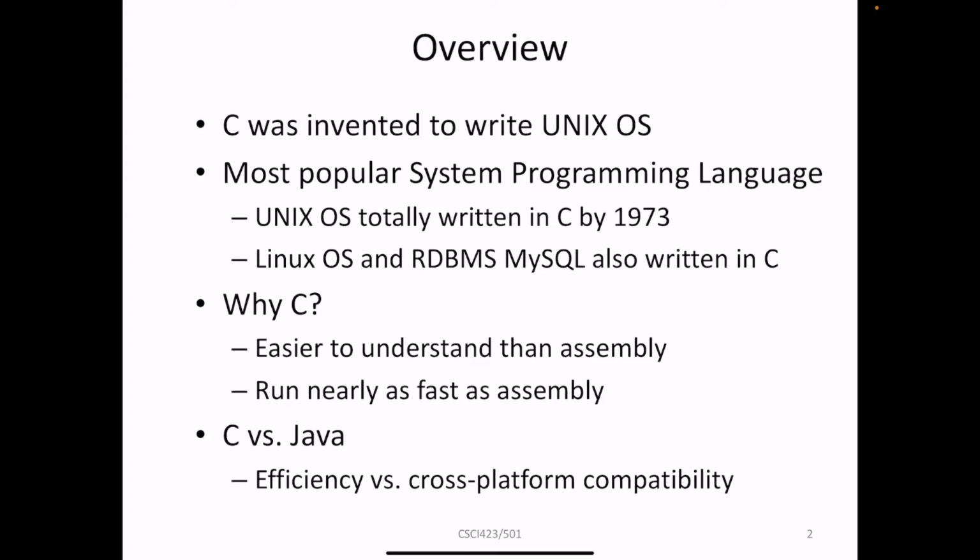It is much more convenient compared with C. Therefore, you can see the trade-offs between C and other high-level programming languages. If efficiency is your first priority, you can choose C. However, if cross-platform compatibility is your first priority, Java will be the best choice for you.